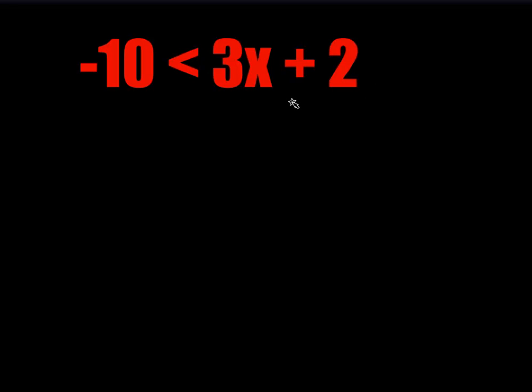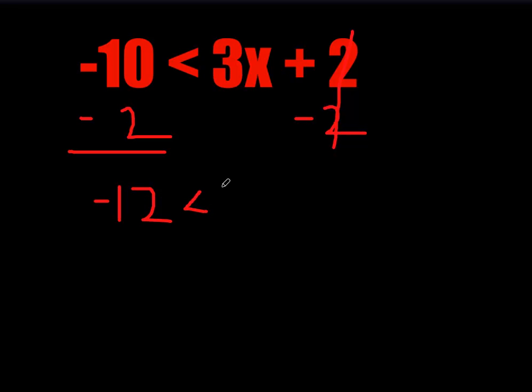This is just like we've done in the past with the analogy I told you of taking your shoes and socks on and off at the beginning and end of the day. You still want to do the things away from the variable first to isolate it. So in this example, the first thing we would do is subtract 2 from both sides. Then you have negative 12 is less than 3x.